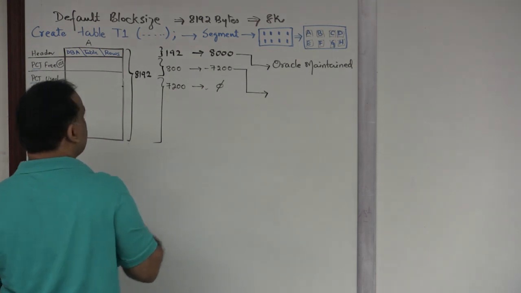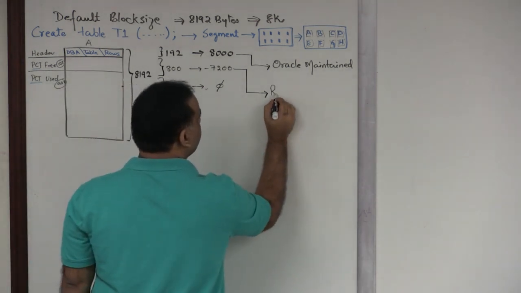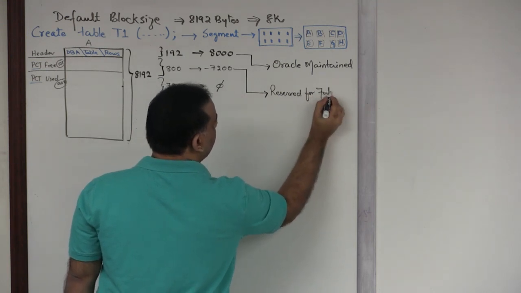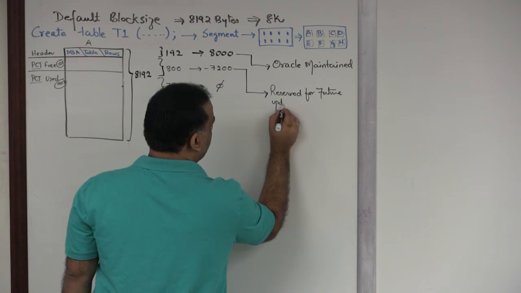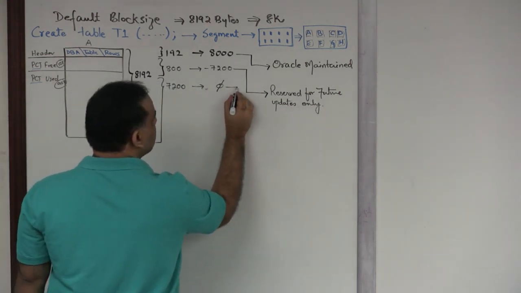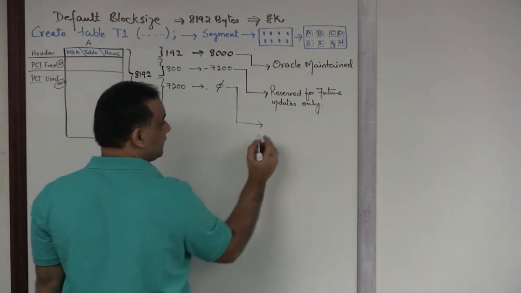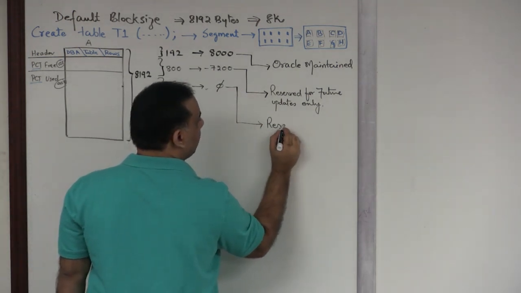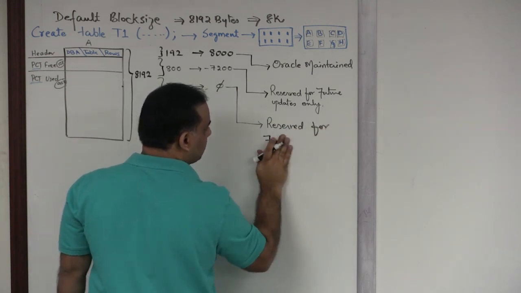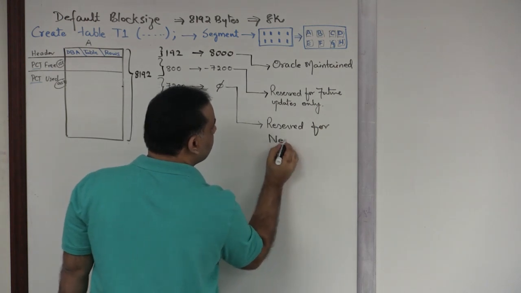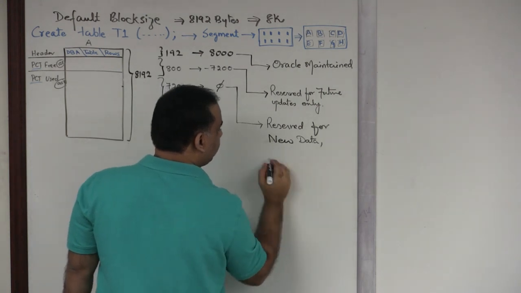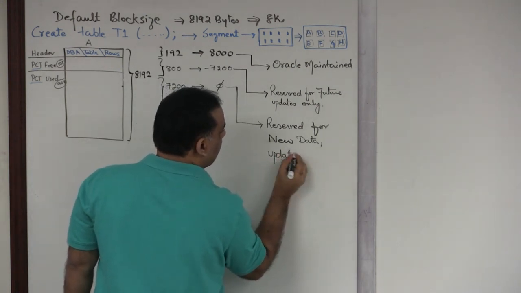This part here, which is the PCT free, is reserved for future updates only, and then we will look into it. And this part here is reserved for new data and updated data.